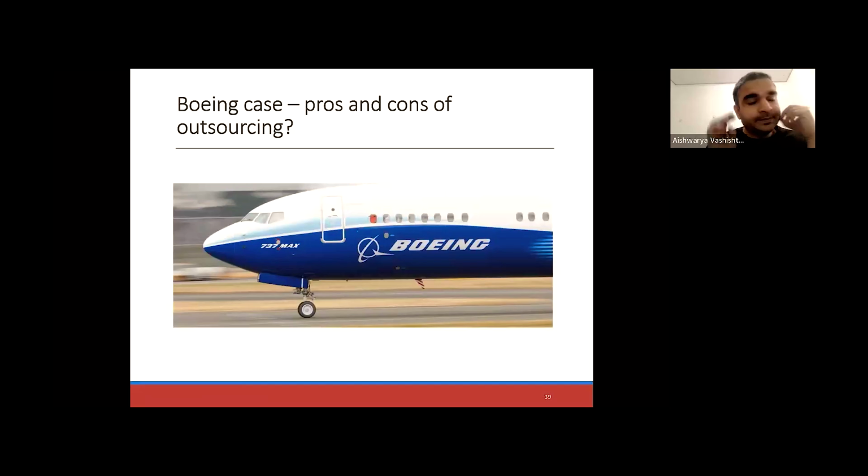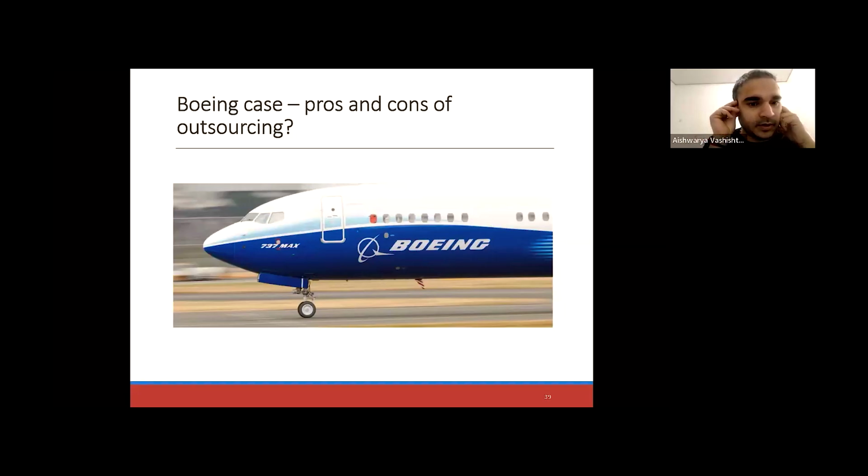in the 1960s, less than 5% of its airplane parts were manufactured outside the US. But as international business grew, as globalization spread, Boeing slowly started outsourcing a lot, right?